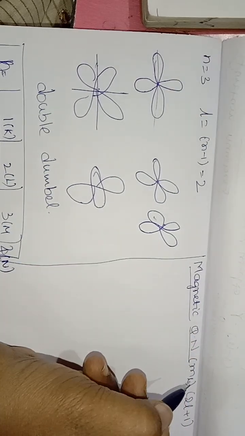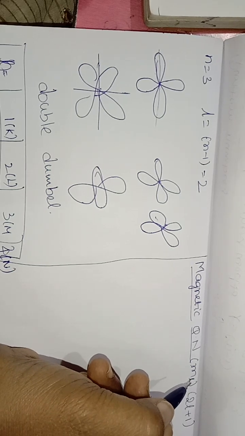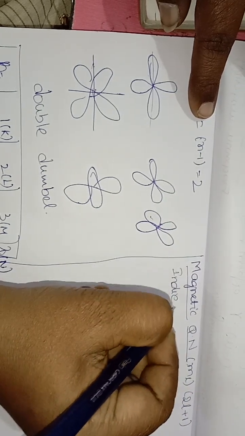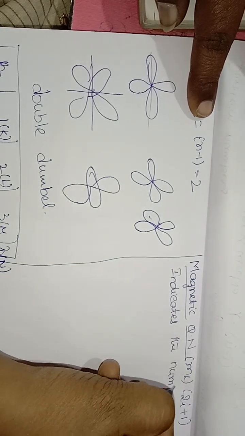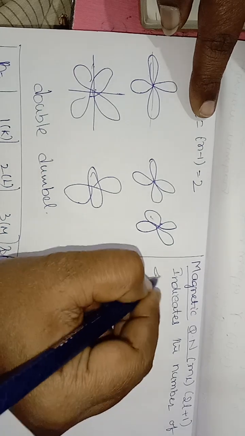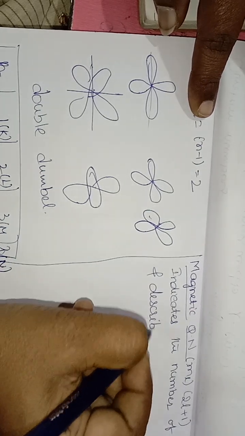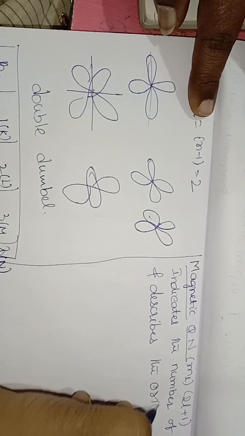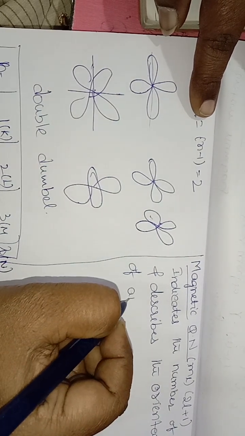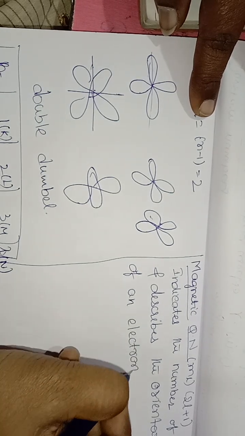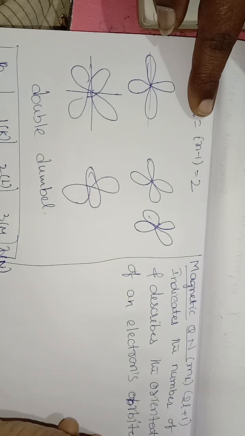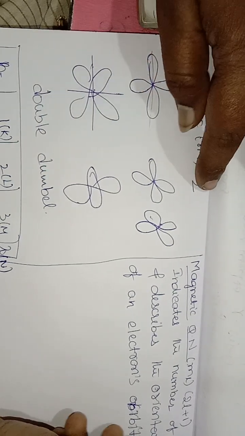What it says actually: the magnetic quantum number indicates the orbitals in a subshell, the number of orbitals, and describes the orientation of an electron's orbital within a subshell.